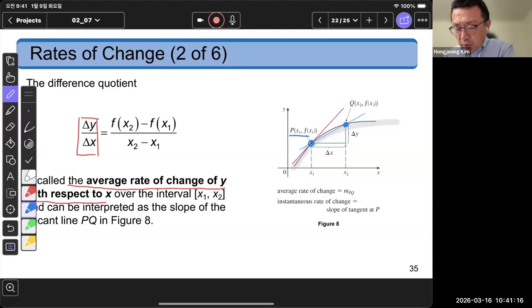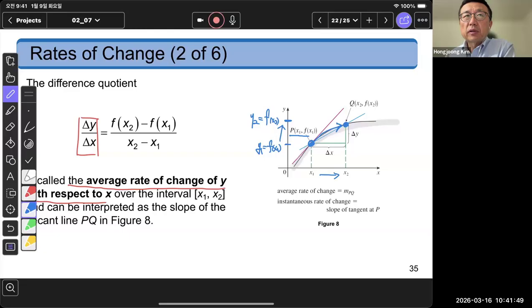So as x changes from x1 to x2, the corresponding y value changes from y1, which is f of x1, to y2, which is f of x2. That means the point on the curve is changing from this point P to point Q.